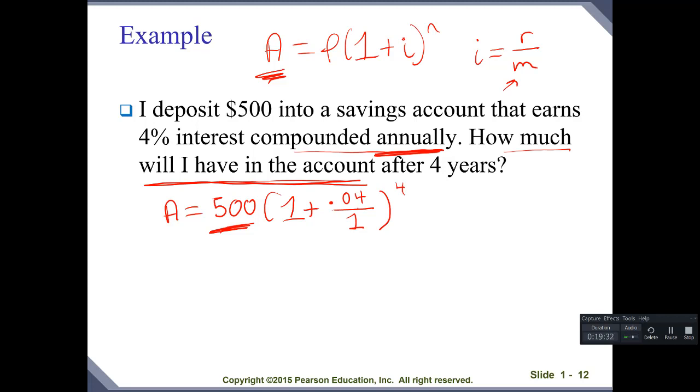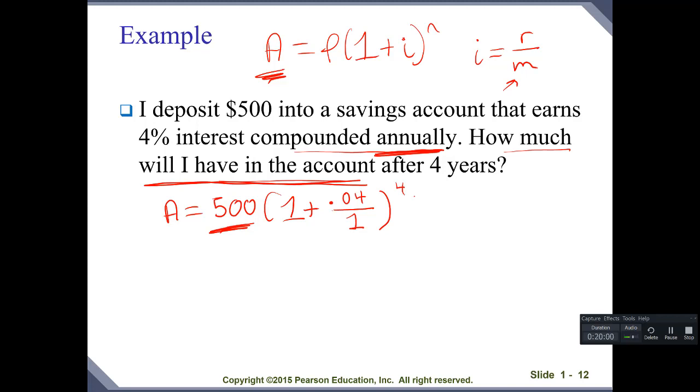I always write it as a decimal in an equation, of course, so that's going to be 0.04. It's compounded annually, so that's once a year, so it's 0.04 divided by 1. And then I'm keeping it in the bank for 4 years. So because it's compounded annually, that means it will have been compounded a total of 4 times. It's just compounded at the end of each year.